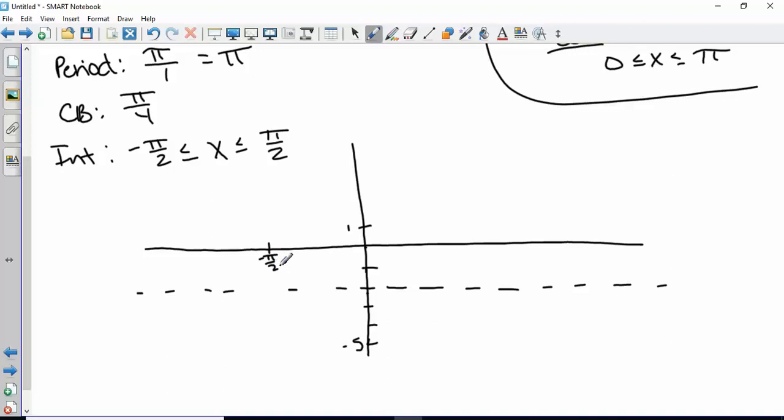We are starting at negative pi over 2. Negative pi over 2 plus pi over 4 is negative pi over 4. Plus pi over 4 is 0. Plus pi over 4 is pi over 4. Plus pi over 4 is pi over 2. Okay, so then we know we have vertical asymptotes on both ends.